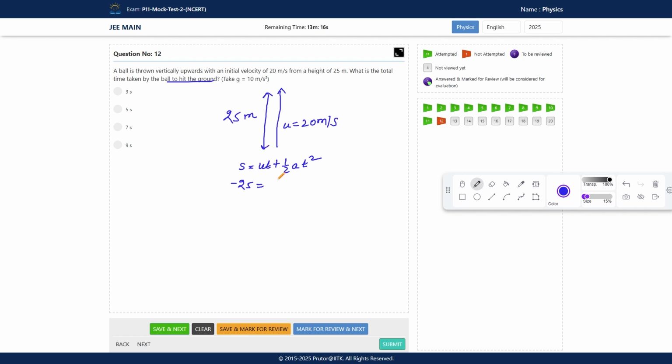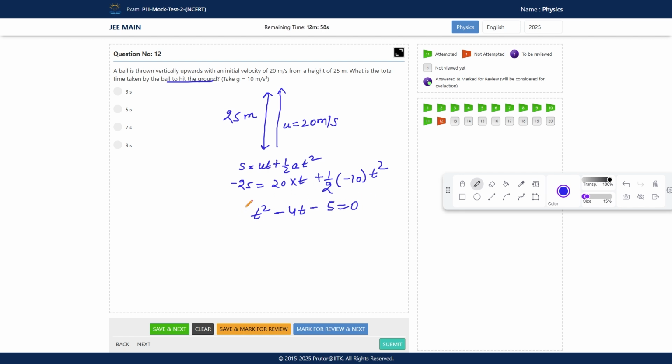So minus 25 equals initial velocity 20 into t plus half, acceleration due to gravity minus 10, and t square. Solving this, you will get t square minus 4t minus 5 equal to 0.